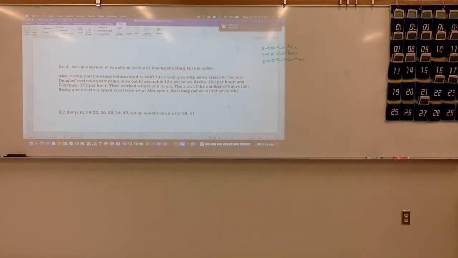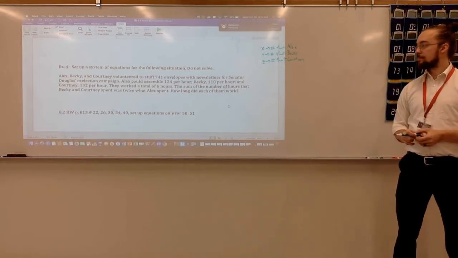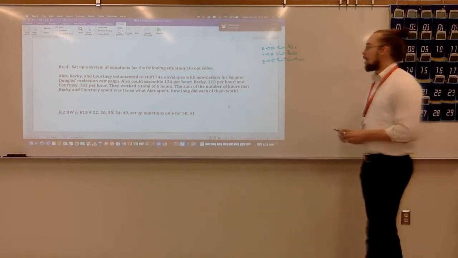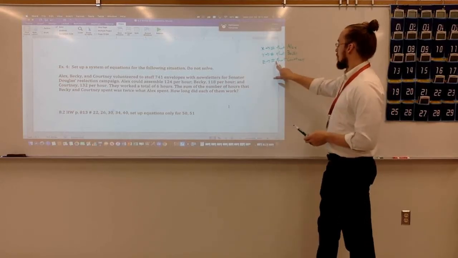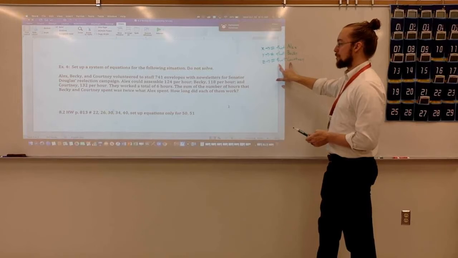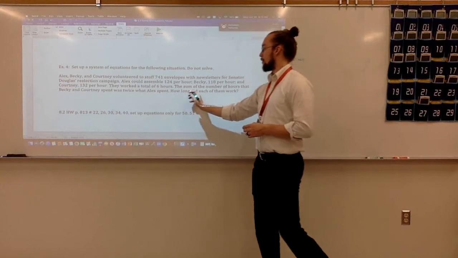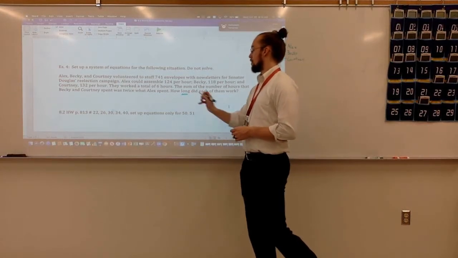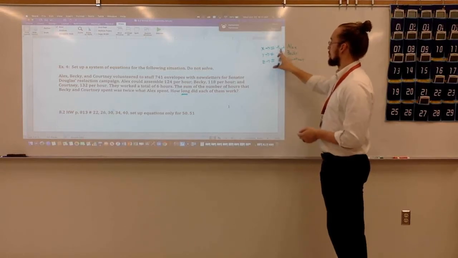So how can I come up with an equation here? Wait a minute. I guess this shouldn't be the number of envelopes. This should be the number of hours. Sorry, not the number of envelopes, because we want to figure out how long each of them worked. So this should be the number of hours, not the number of envelopes.